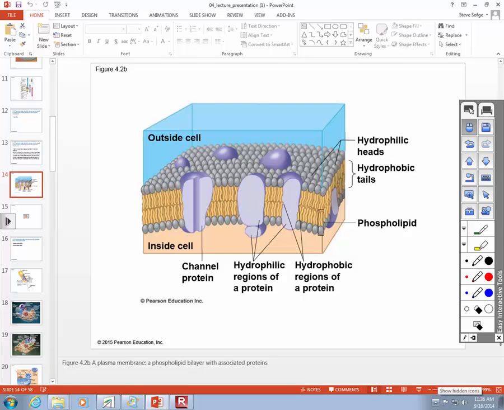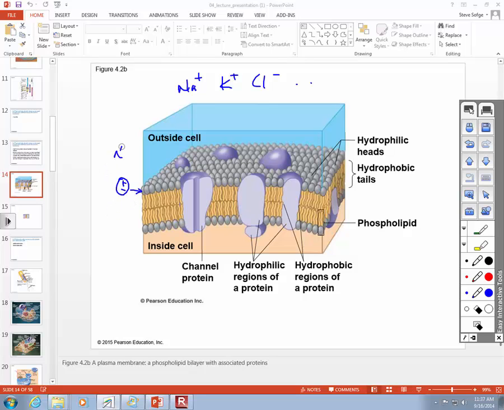Channel proteins are used for movement of ions, like sodium, or maybe potassium, or chlorine. Magnesium, all these ions, are very, very tiny. In order to get those into the cell, remember these heads are positive out here and negative here.